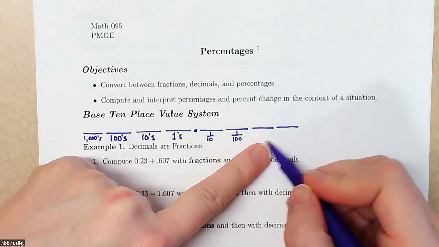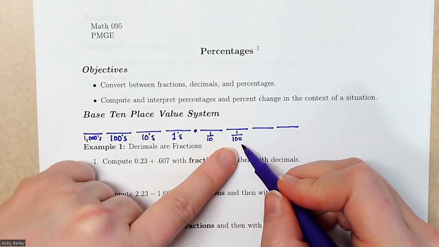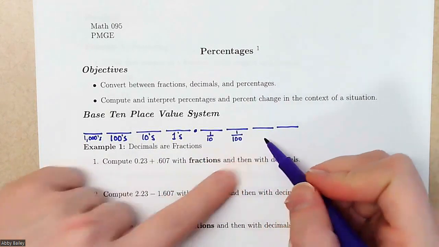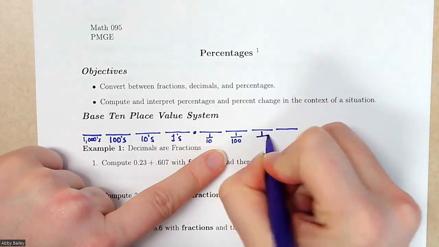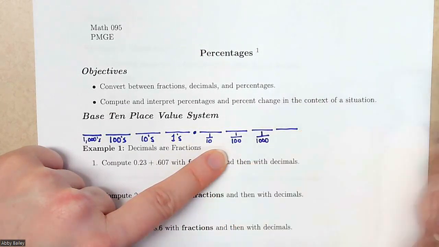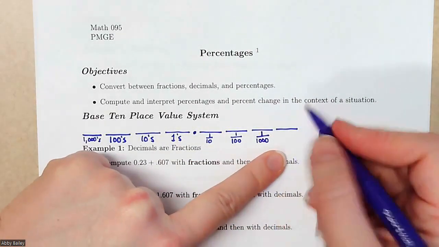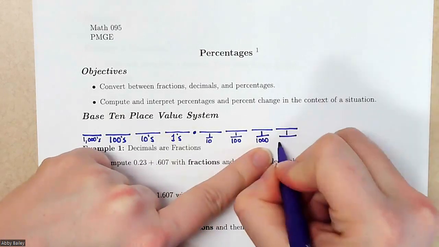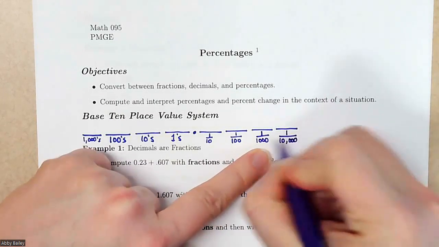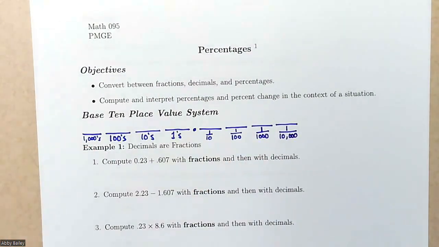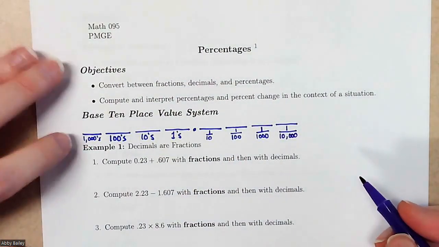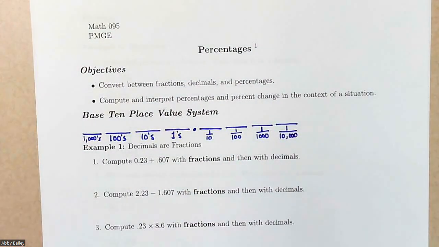And then 10 1,000ths will make 100th because 10 100 makes 1,000. So 1 1,000th. And then 10 10,000ths would make 1 1,000th. So rebundling.